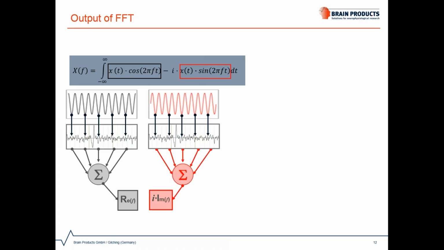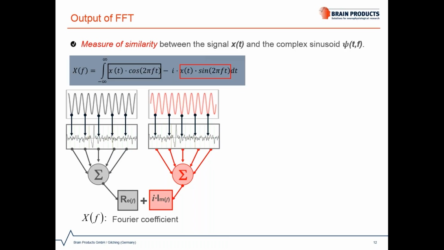Wherever the EEG signal and the sinusoidal function are similar, they will multiply and sum to a large coefficient. And whenever they are dissimilar, they will multiply and sum to a small coefficient. Therefore, the Fourier coefficients tell us the measure of similarity between the original EEG signal and the complex sinusoid.